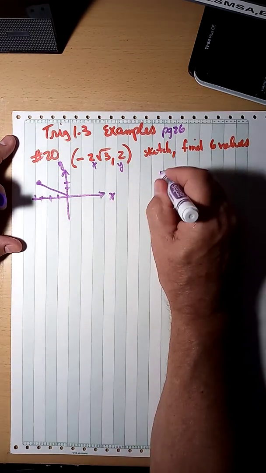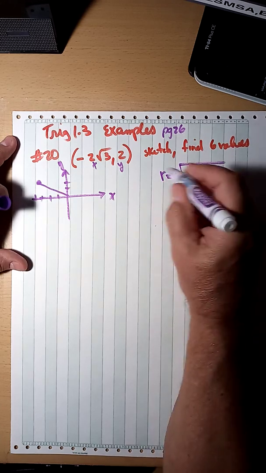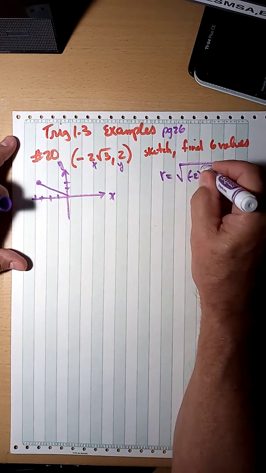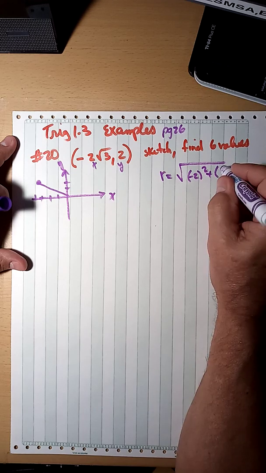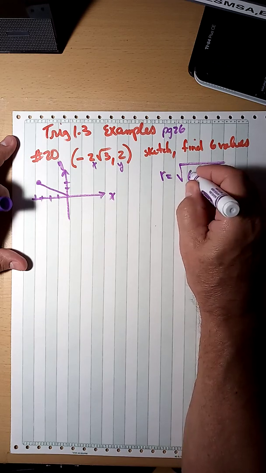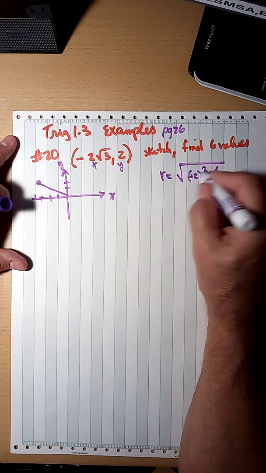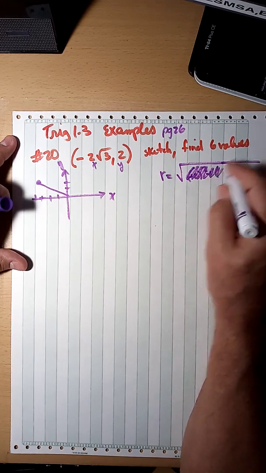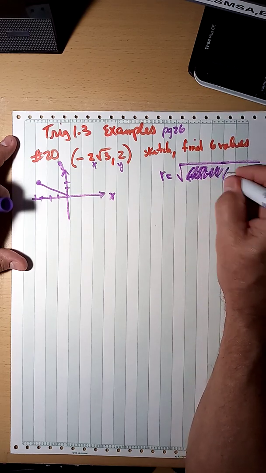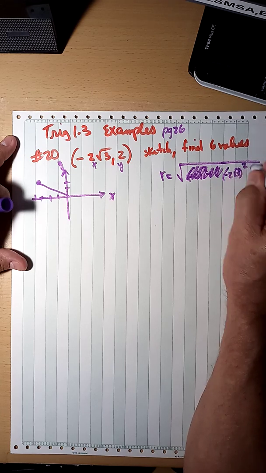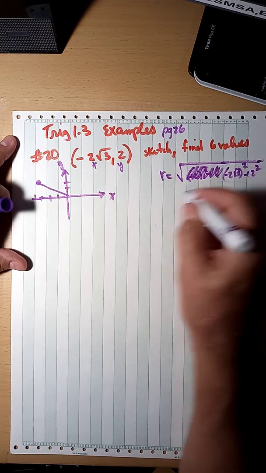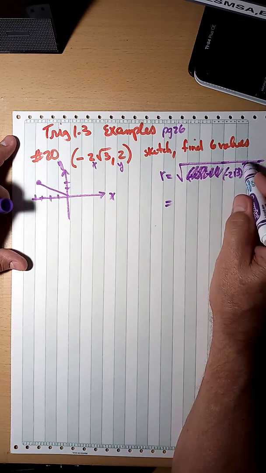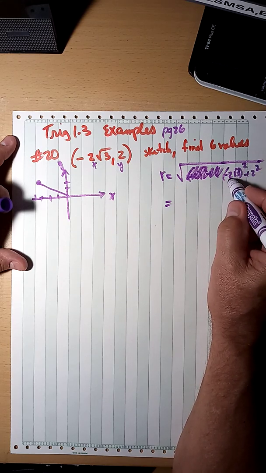What is r? That's the square root of x squared, or negative 2 squared, plus y squared, or 2 squared. Gosh, let me start over again. The square root of a negative 2 square root of 3, squared, and 2 squared. So squaring this, you square the negative 2, that's 4.